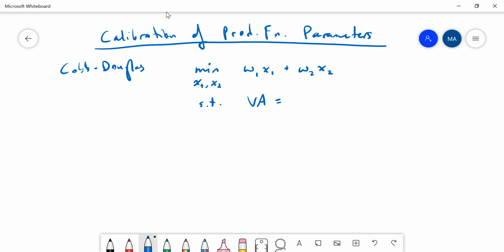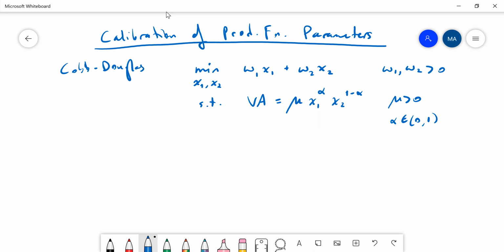Now here, we have mu x1^alpha x2^(1-alpha), and obviously the factor prices are positive. Mu is some positive parameter, and alpha is between 0 and 1.